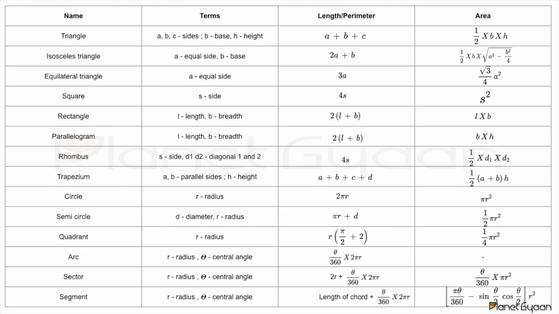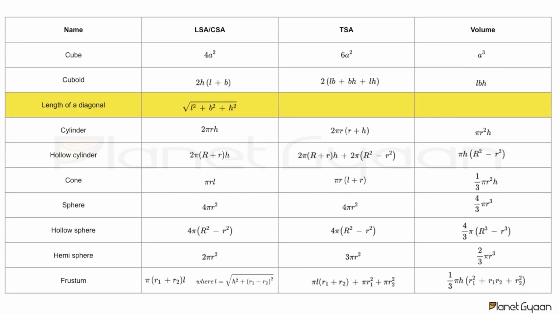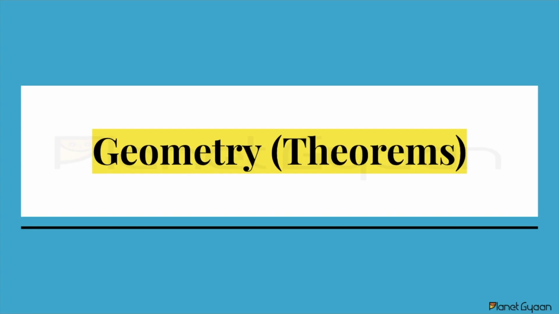These are the formulas for all 2D shapes which you will require in your 10th standard, right from your triangle to segment. Then this is for 3D shapes: cube, cuboid, cylinder, cone, sphere, hollow sphere, hemisphere, frustum.